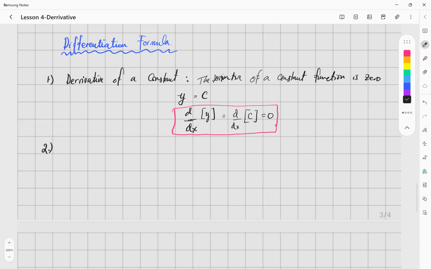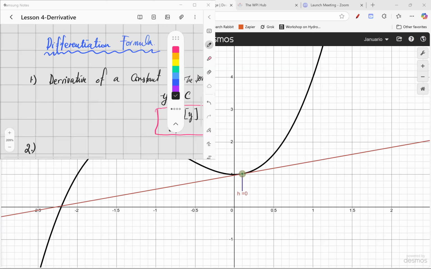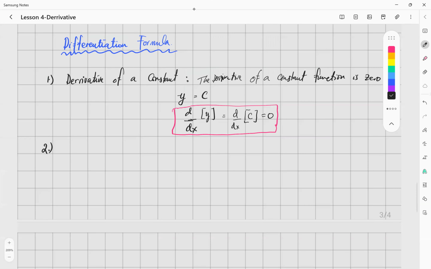Number 2, the derivative of a constant times a function. If you have a derivative of a constant times a function, it is the derivative of the function times the constant.